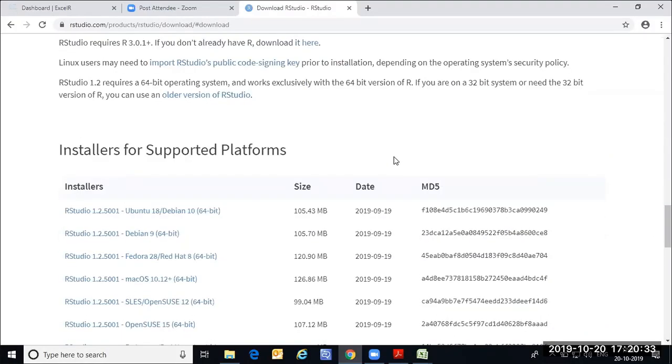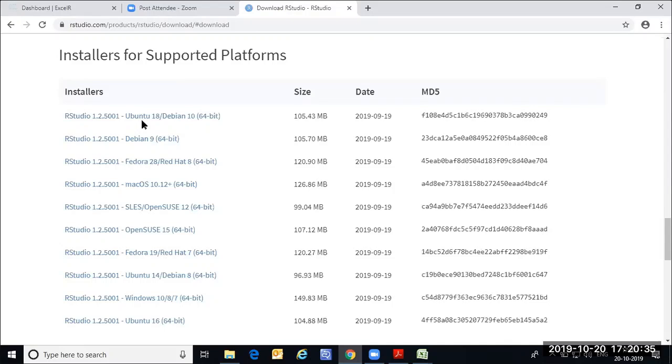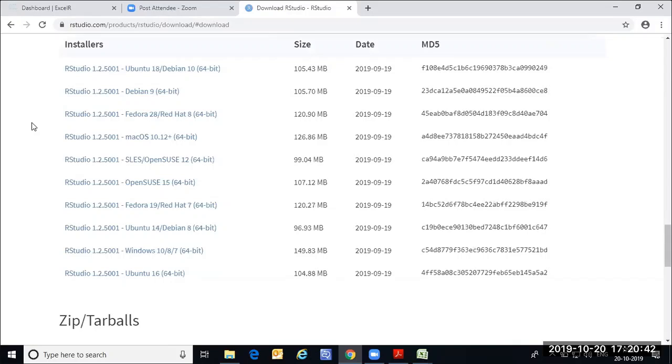The moment you click on download, it will take you to this page. Out of this, you need to choose RStudio 64-bit for Windows 10, Windows 8, Windows 7. Select this. What is Ubuntu, friends? Linux, right?